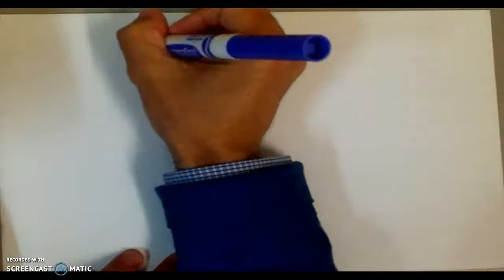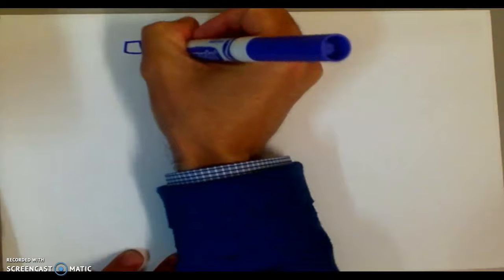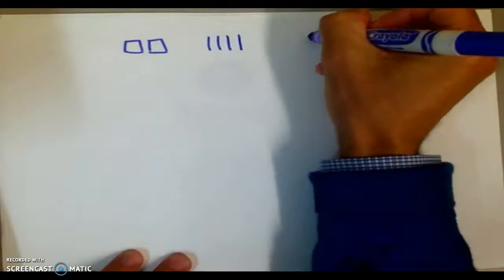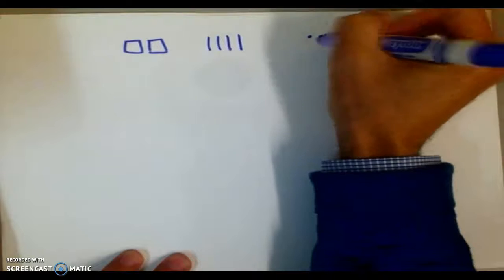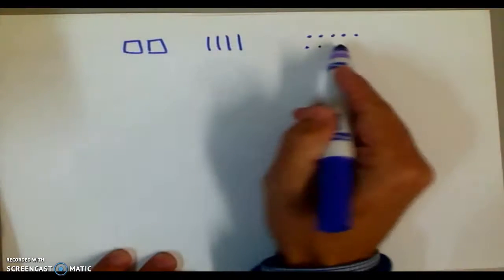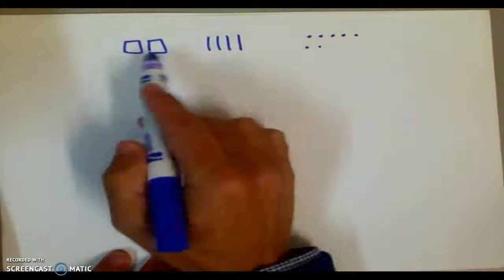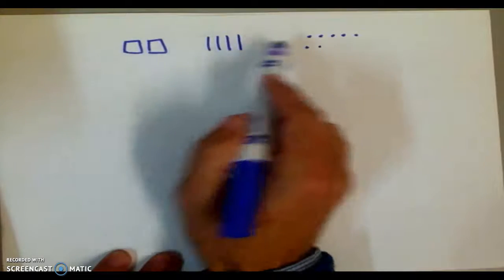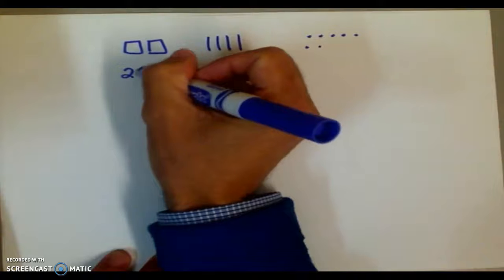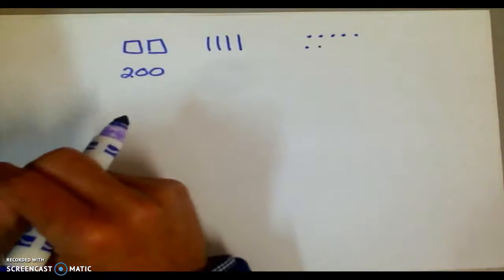What if I drew this. Okay, so here is base 10 notation or shorthand. So this represents 2 hundreds. So we could write this down as 200, right?